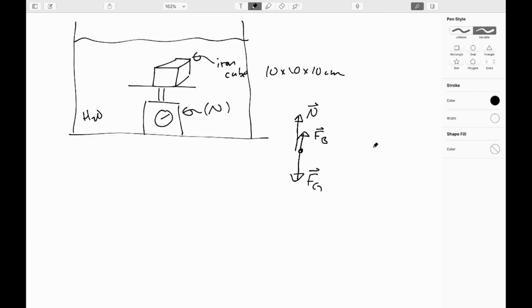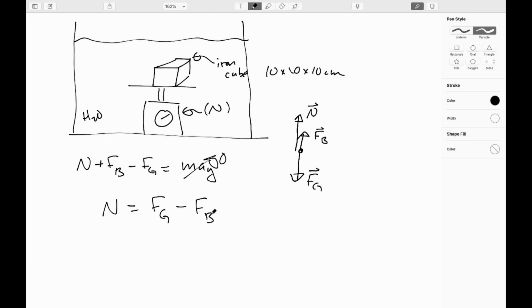Because the cube isn't accelerating, the forces have to balance. So we can say that normal force plus buoyant force minus gravity has to equal ma, which is 0 because it's not accelerating. So the normal force, which is what the scale is going to read, will equal the force of gravity on the cube minus the buoyant force on the cube.